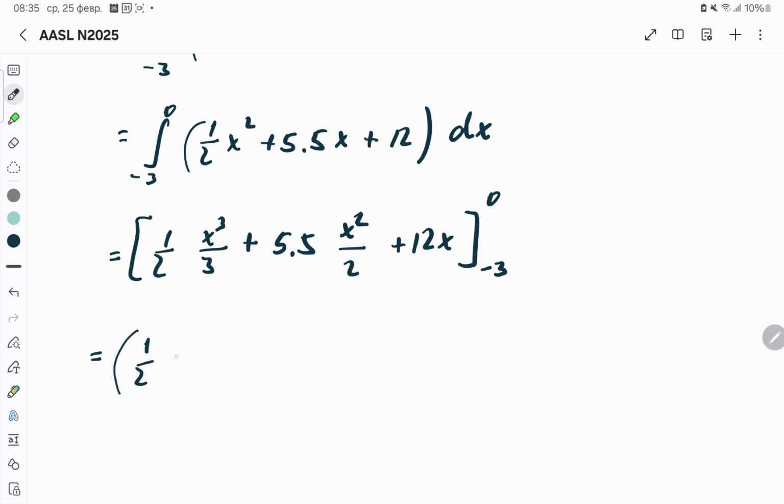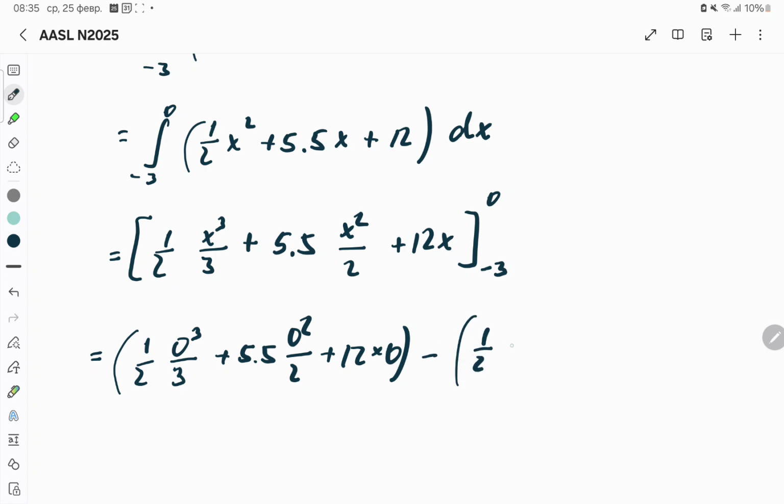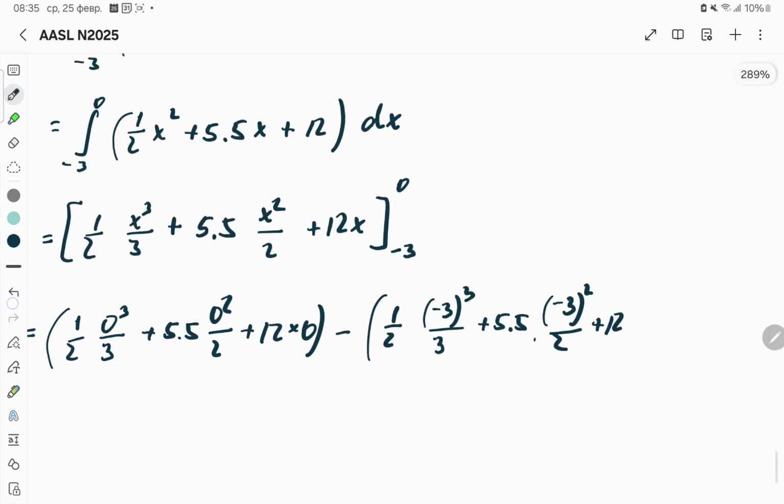So 1 over 2, 0 cubed over 3 plus 5.5, 0 squared over 2 plus 12 times 0. You see it's all zeros here. And minus, now we plug negative 3 instead of x: cubed over 3 plus 5.5 negative 3 squared over 2 plus 12 times negative 3.